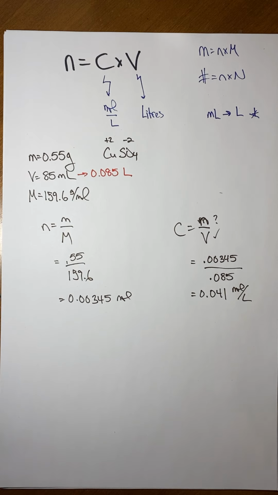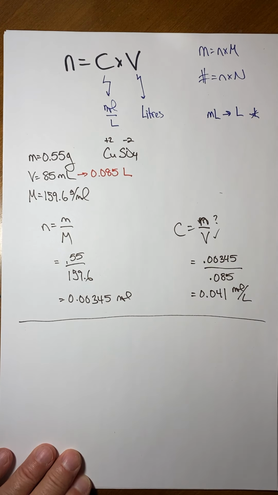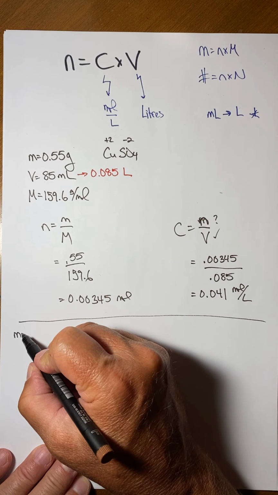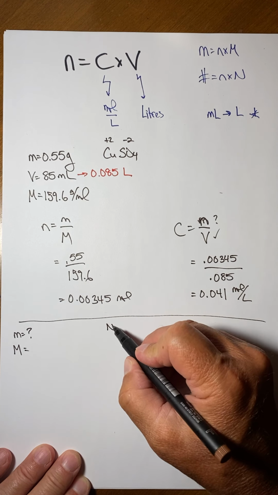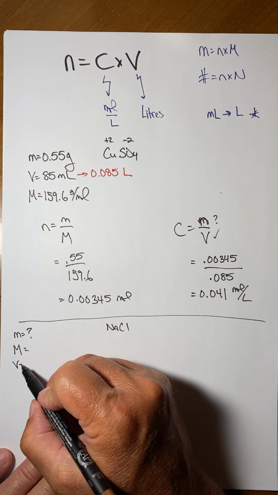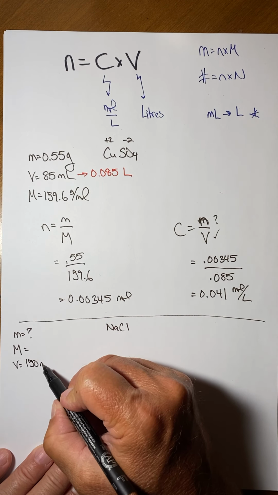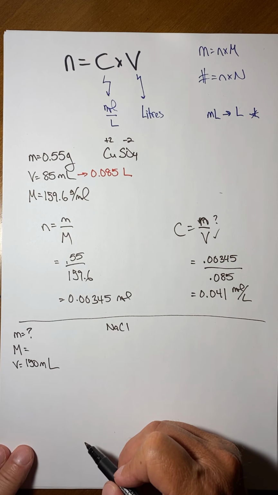The second example that you're going through asks: what mass of sodium chloride, and luckily with sodium chloride I know it's NaCl, can be recovered by evaporating 150 milliliters, so that's my volume, of a 0.35 mole per liter sodium chloride solution.